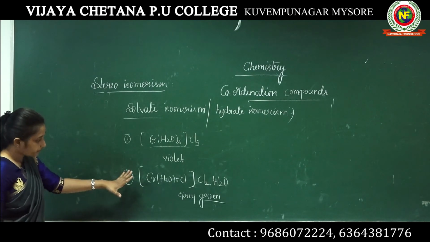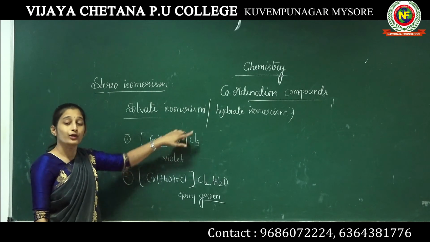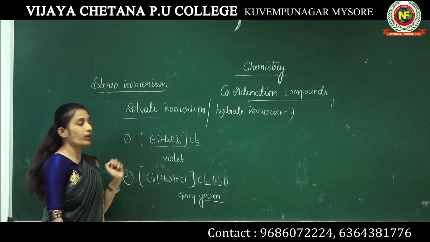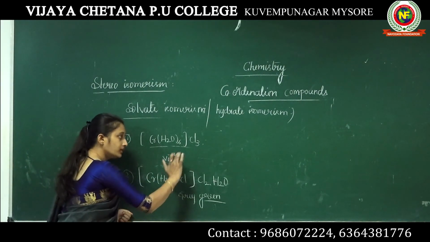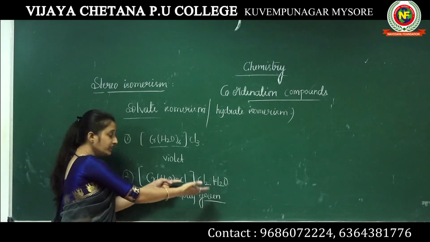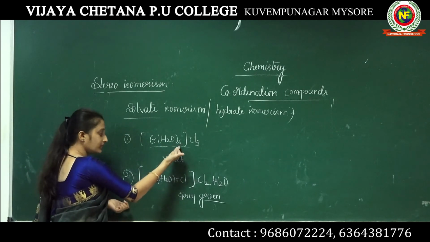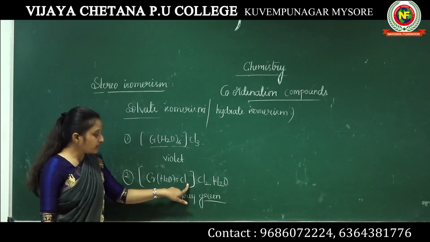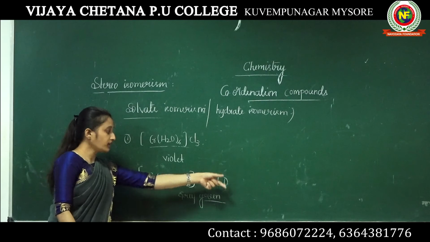Just see the beauty. Here 6 water molecules are there within the coordination entity, and the color is violet. Once the chloride outside the coordination sphere comes inside, to balance, since here 6 are there, here also there should be 6. See, 5 plus 1 is 6. In order to balance that, one water molecule will go out.